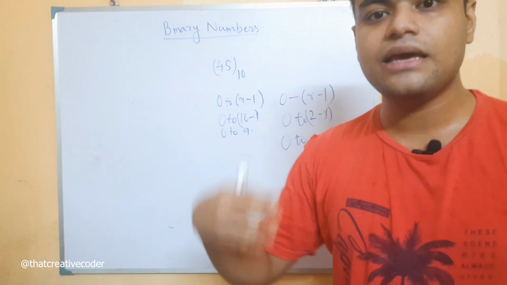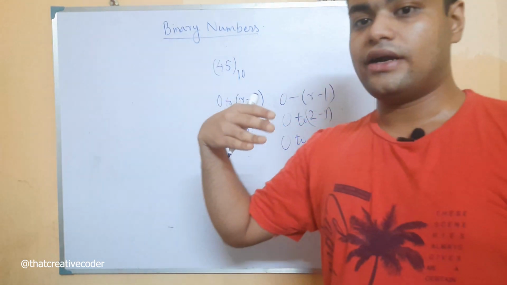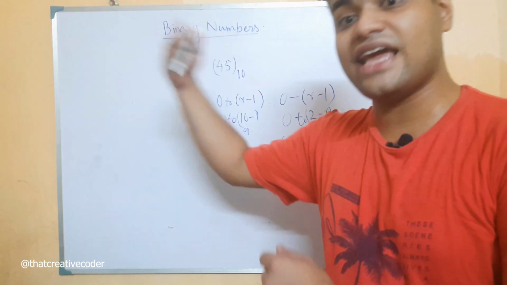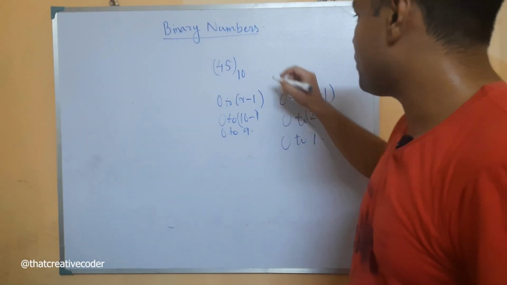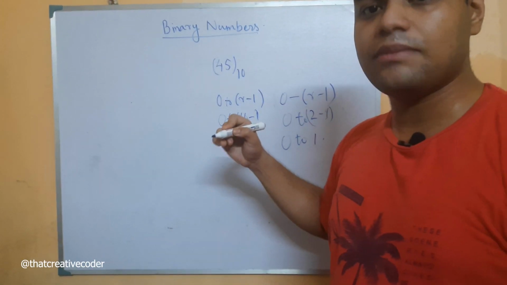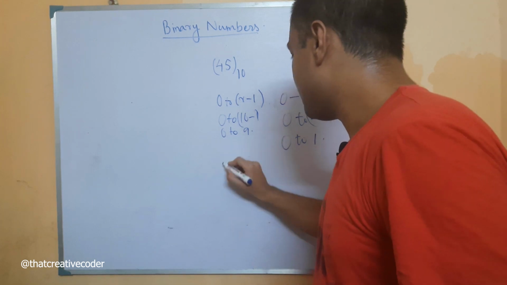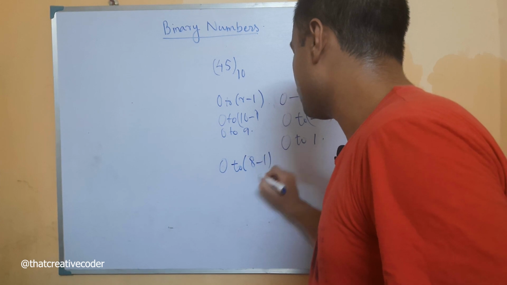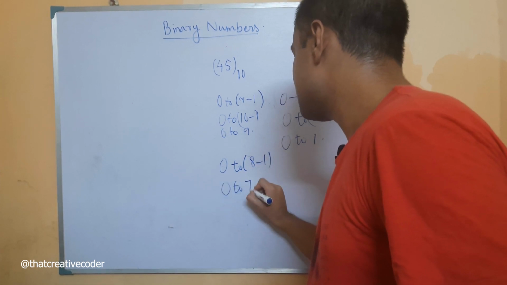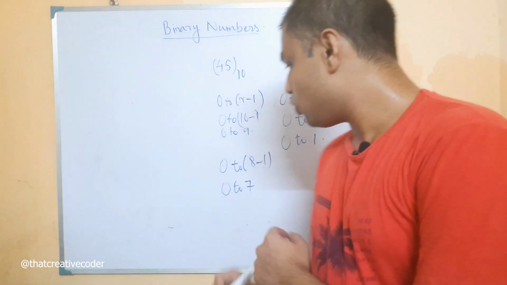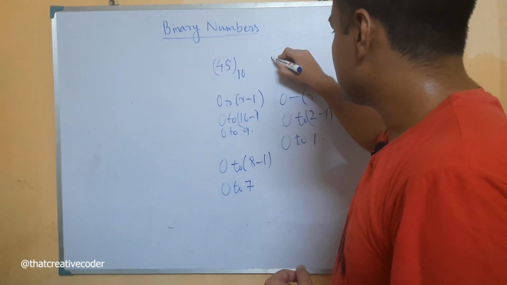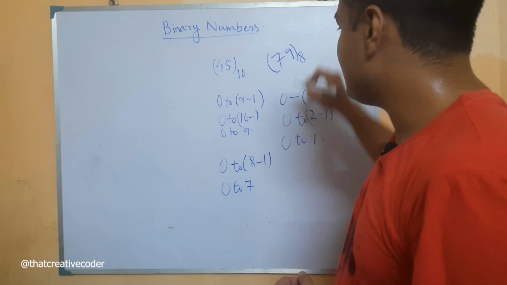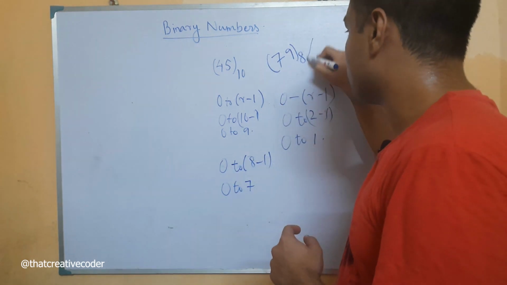So like this, we will be able to recognize any particular base's range. Let's take the example of the octal number system, where the base is 8, right? So it will be 0 to 8 minus 1, which is 0 to 7. That means 79, if I take this and say this is an octal number, is completely wrong.